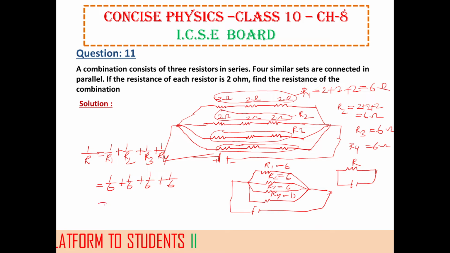This is very simple. The LCM will be 6, and in the upper portion 1 plus 1 plus 1 plus 1, we get 4 by 6. On simplification, we get 2 by 3. So the total equivalent resistance of the circuit will be 3 by 2, that means 1.5 ohm.